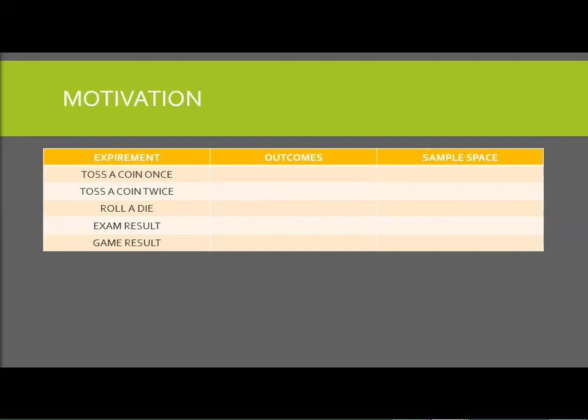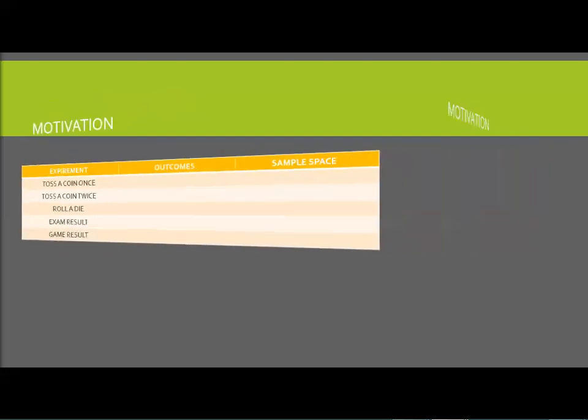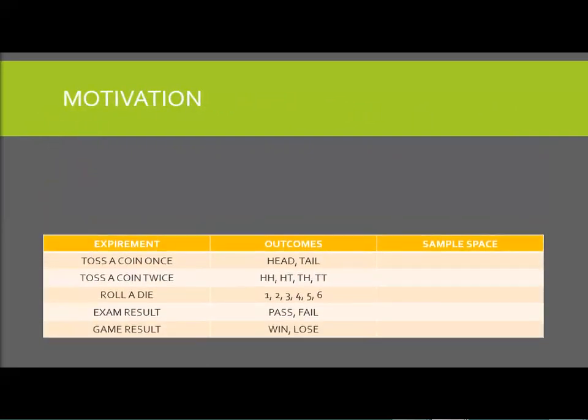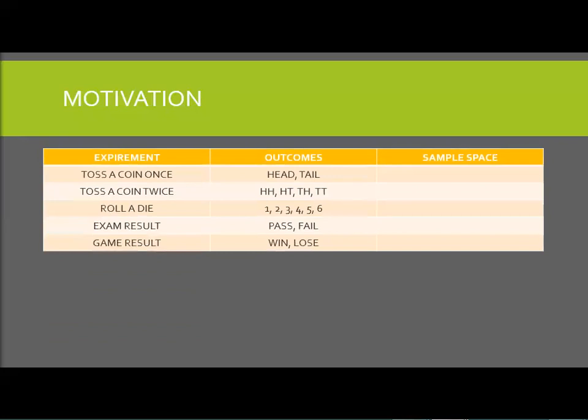For a die, we have six faces, so it's either one, two, three, four, five, or six. What about for an exam? It's either you fail or you pass. For the game, it's either you win or you lose. So those are actually the outcomes for the experiments.